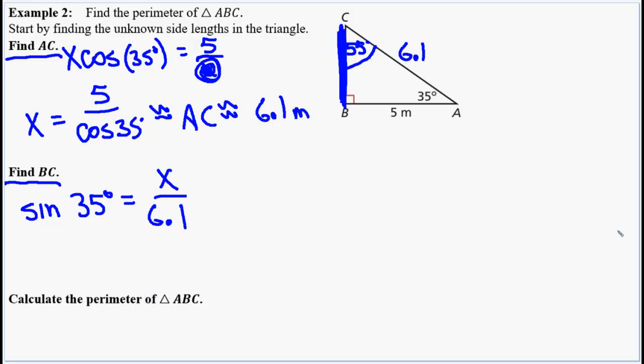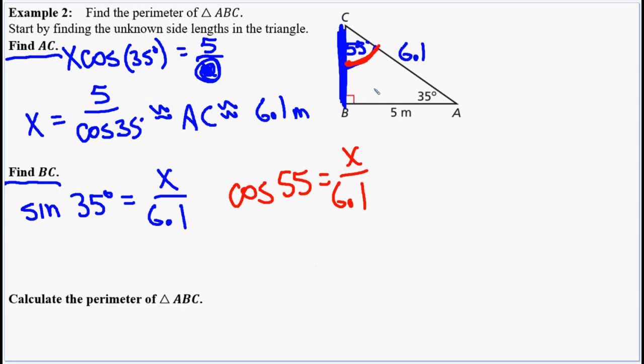And let's see, we could come up here to the 55-degree angle where the unknown side BC is adjacent and we have the hypotenuse. So we could do the cos of 55 equals x over 6.1.